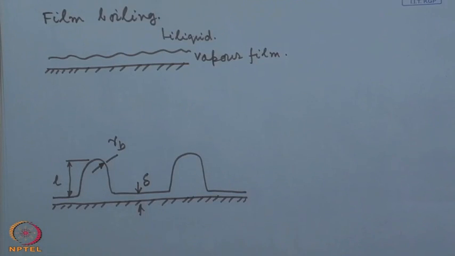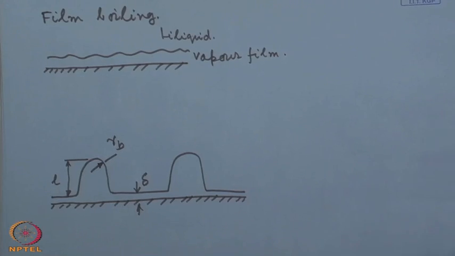With some simplifying assumptions, and by the conservation equations like mass conservation and momentum conservation, one can determine all the geometrical parameters, that is L, RB and delta.